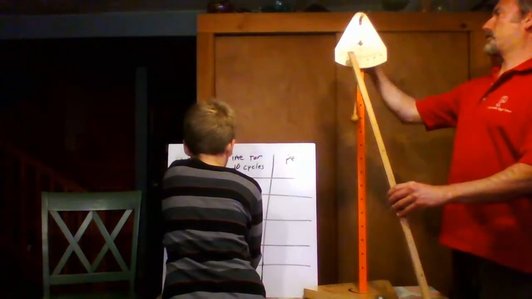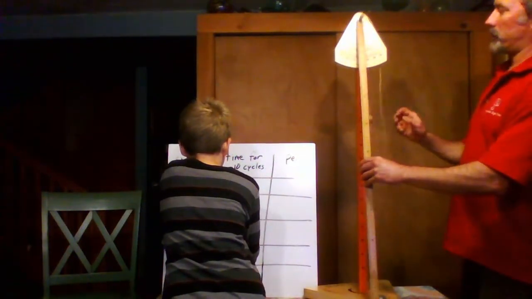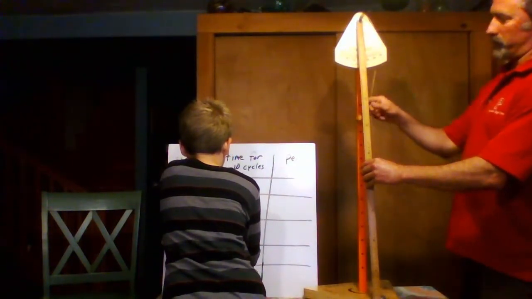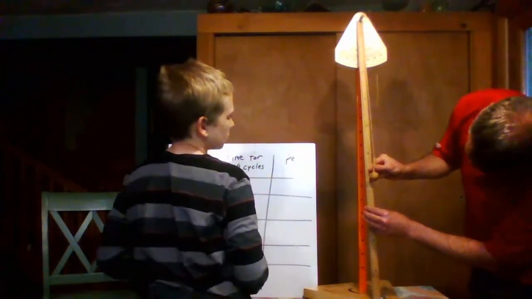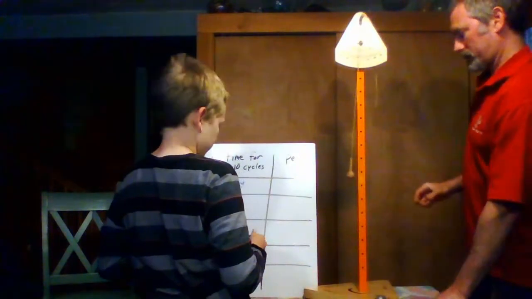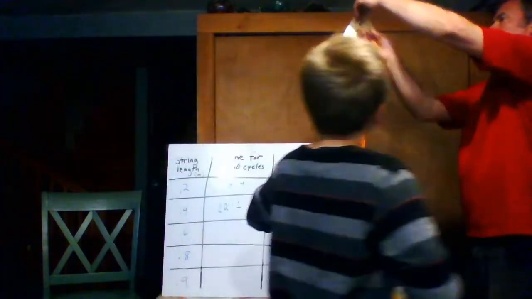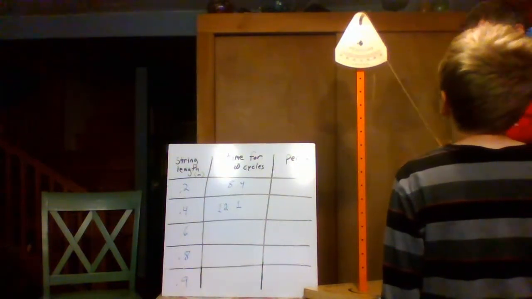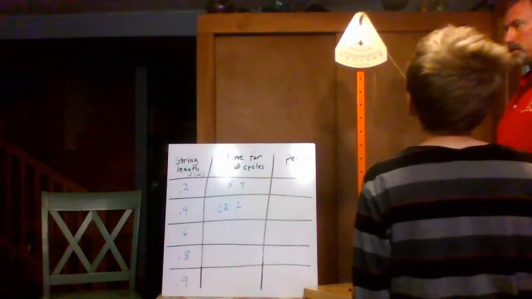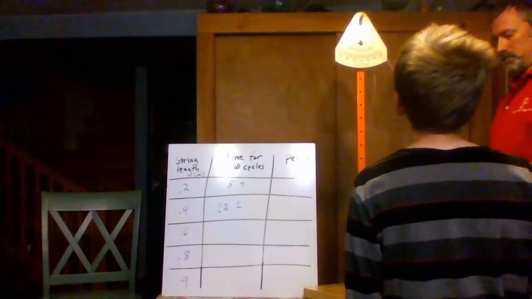Now we're going to go down to 0.6, which I bet you guys already know what that number is going to be because that's what we've been doing all the other ones at. Less. Less.